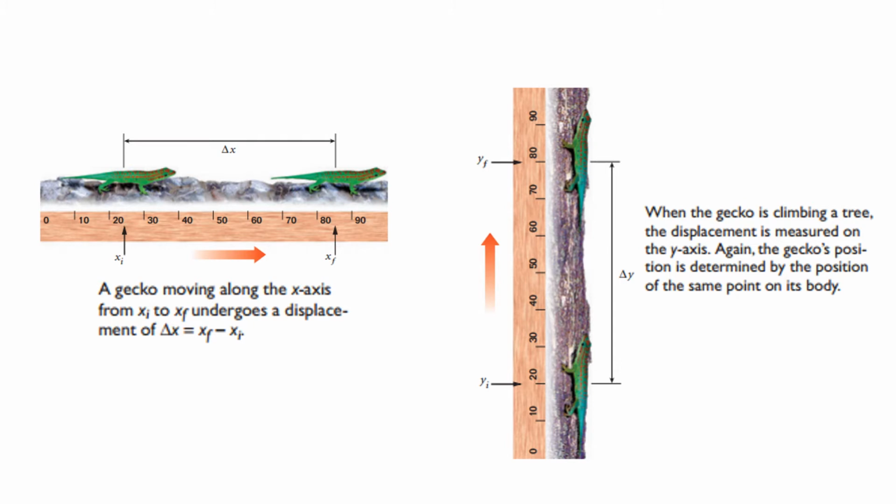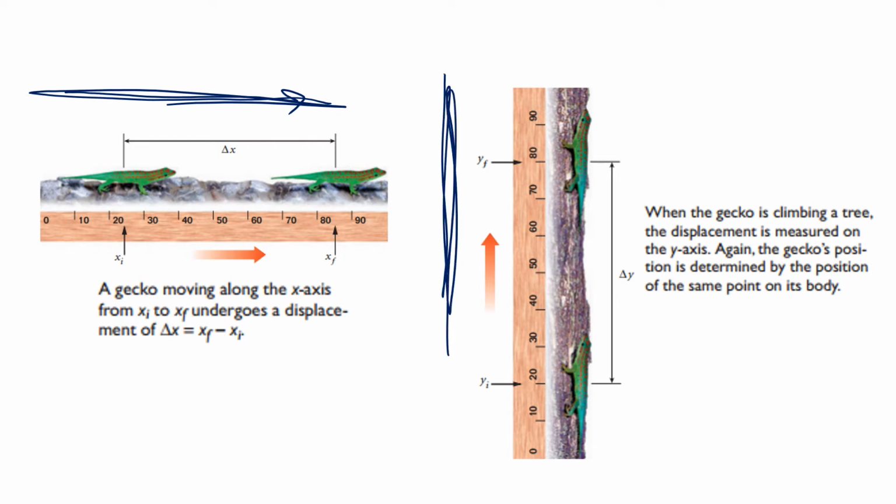In terms of one-dimensional motion, you can either follow along the x-axis, from left to right, horizontally, and displacement can also be measured on the y-axis, if it's going up and down.